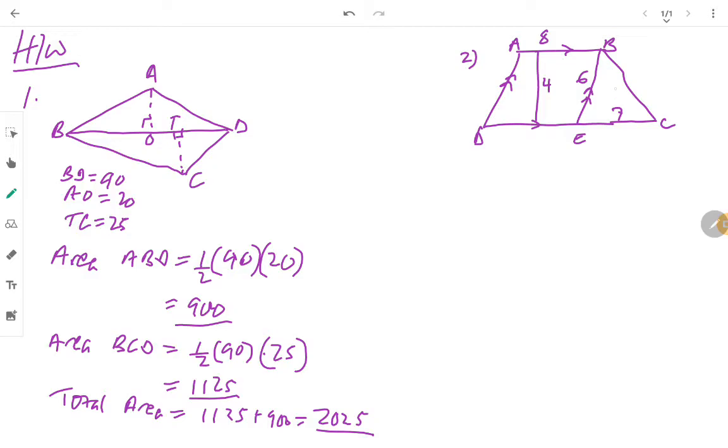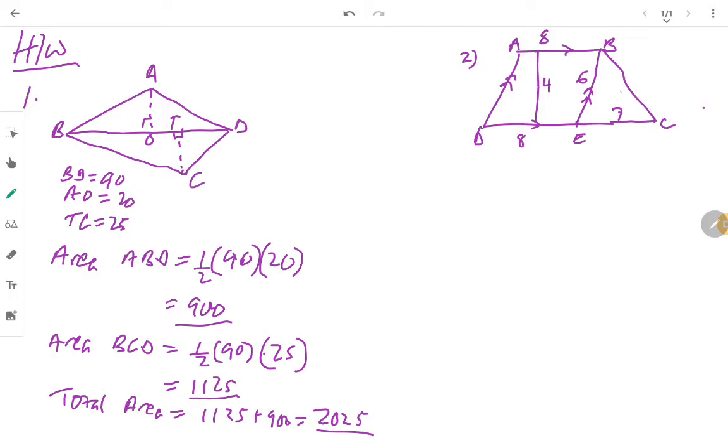Okay, so we know that to calculate the area of this, EC is the one which is 7. It means this also, DE, is 8. That's what it means. So I can calculate the area of ABED.